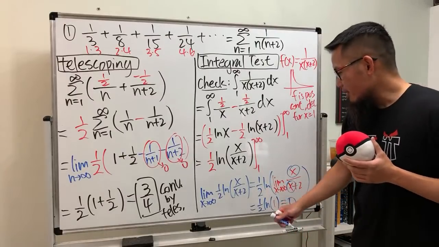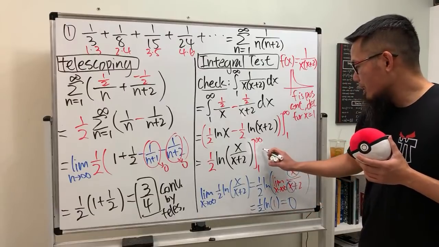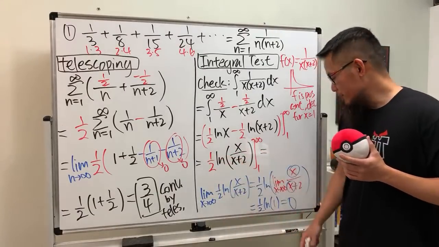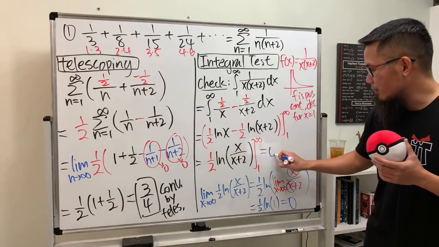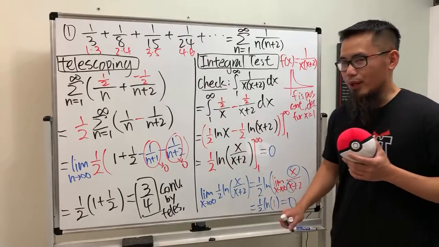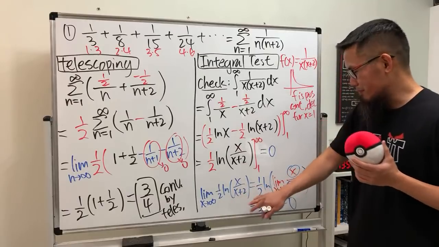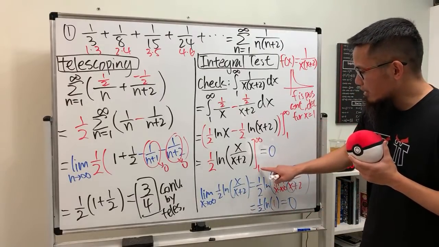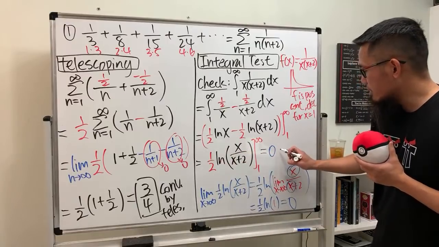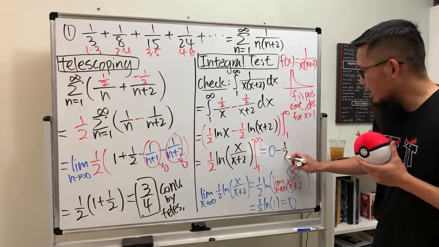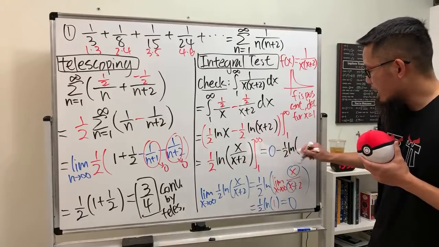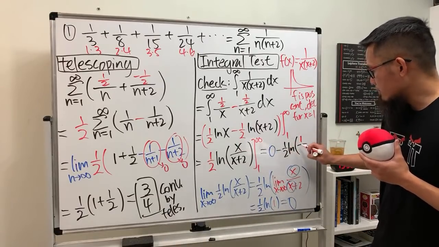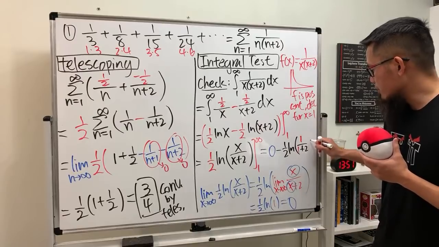Anyway, so when we plug in infinity, the first term is going to give us 0, so I'll put that down in blue. And if you are doing this for the test, of course, you should put this down somewhere so you can show work for that. And then we have to plug in 1 into here, and that's a minus. So it's minus 1/2 ln of 1 over 1 plus 2, which is 3, of course, but let me just write that down.